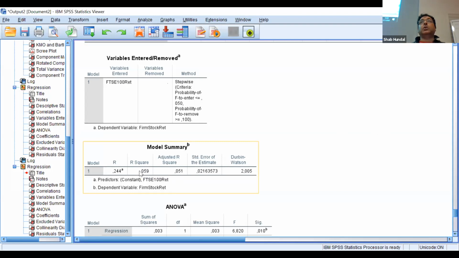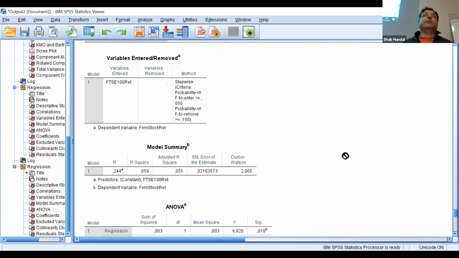I repeat, all the independent variables, which are revenue, price to earning ratio, the company's operating profit ratio, the market's operating profit ratio, the innovativeness, and the index return, which was FTSE 100, all of them together are only showing 5.9% movement in your dependent variable, which is the firm stock return.